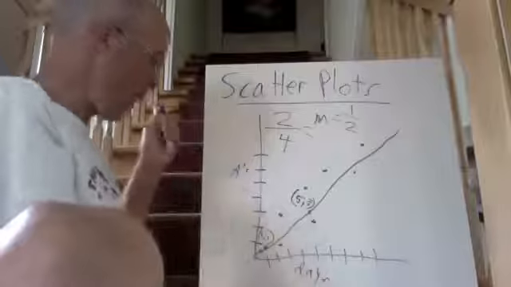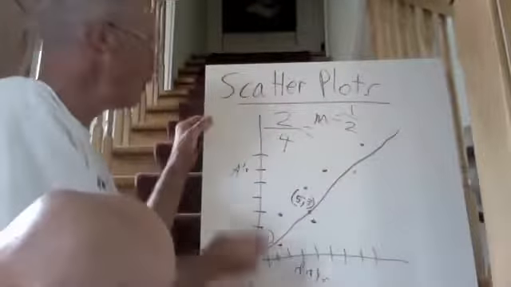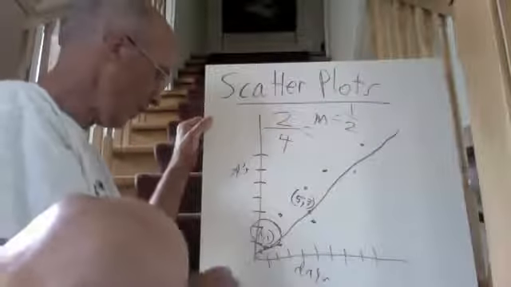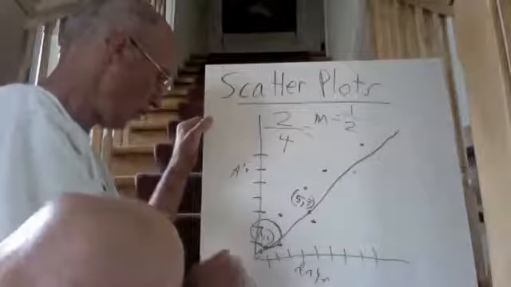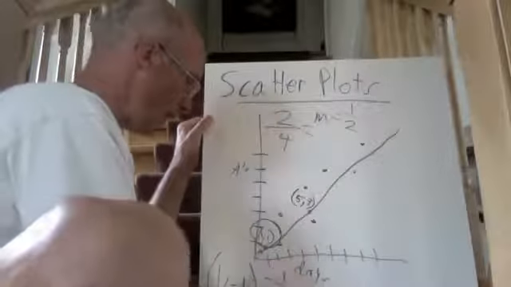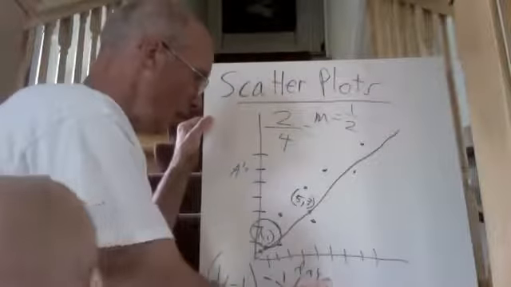And yesterday, we learned about point-slope form. So let's just take one of these points. Let's do the (1, 1). So y minus 1 equals 1/2, that's the slope, times x minus 1.